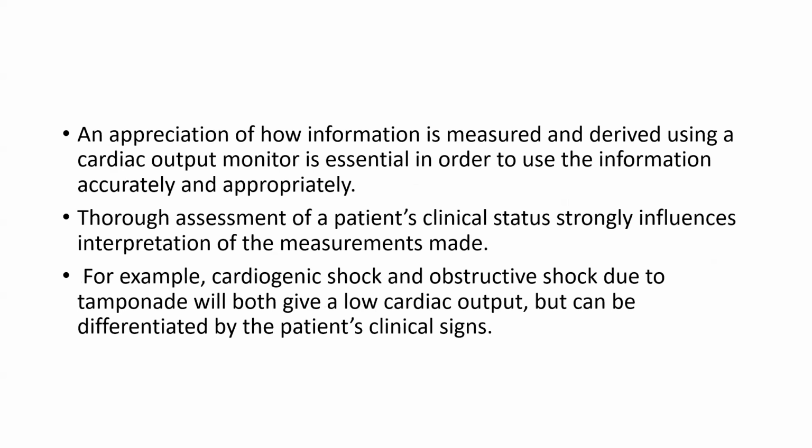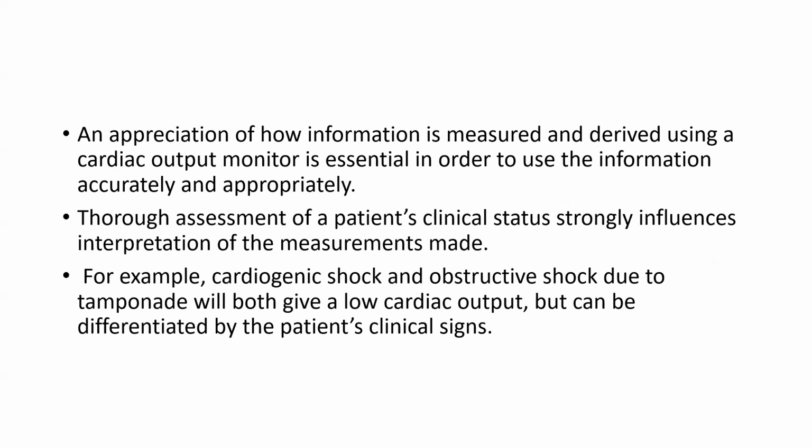An appreciation of how information is measured and derived using a cardiac output monitor is essential in order to use the information accurately and appropriately. Thorough assessment of the patient's clinical status strongly influences the interpretation of measurements made.